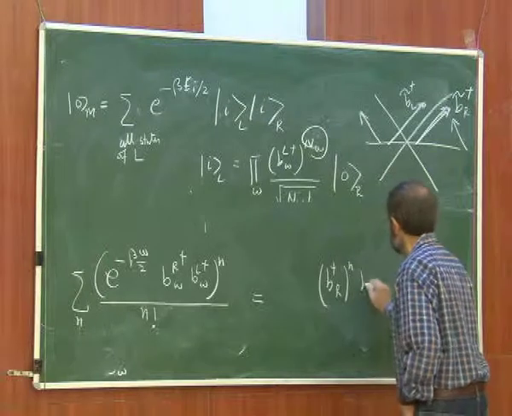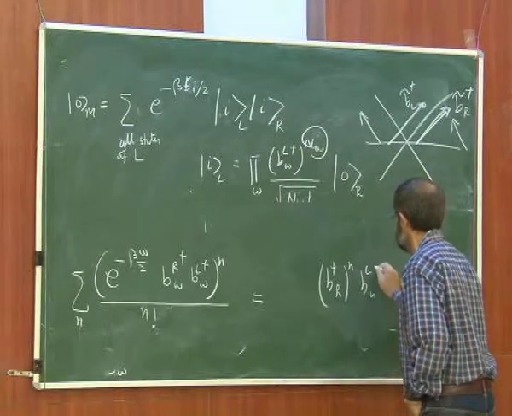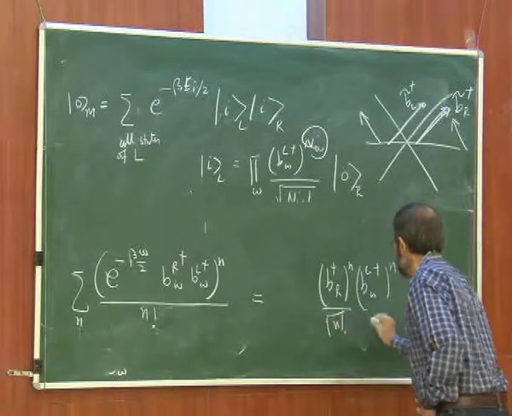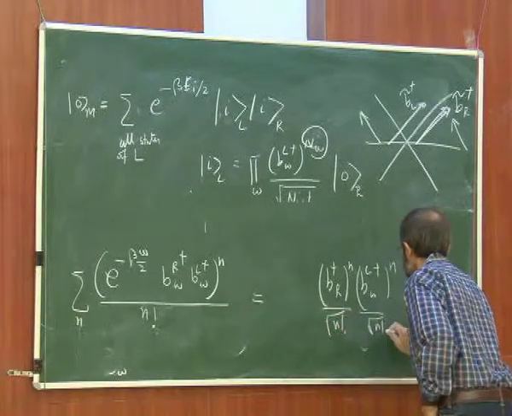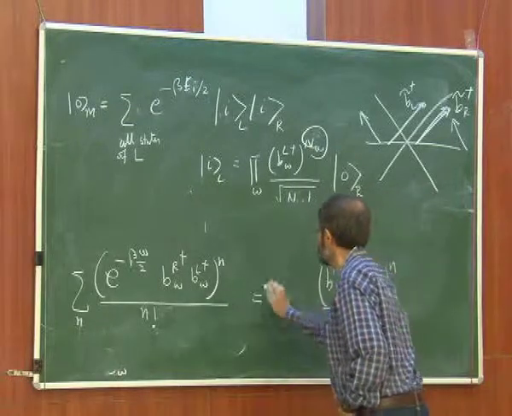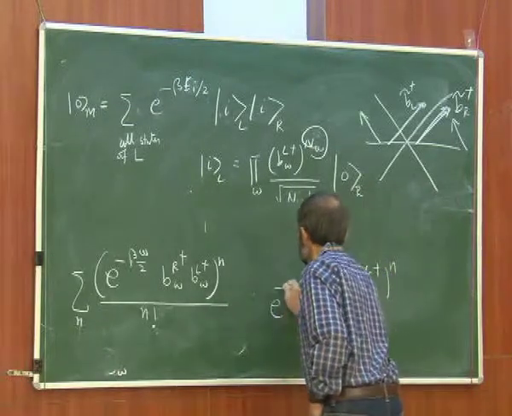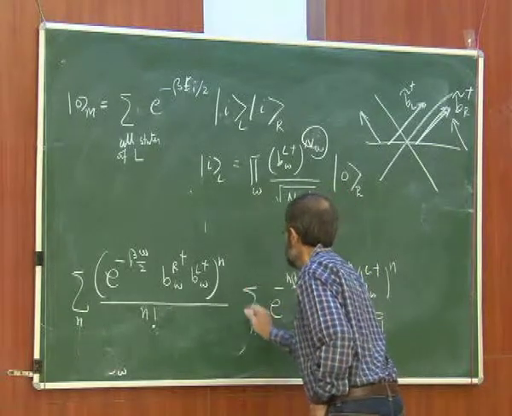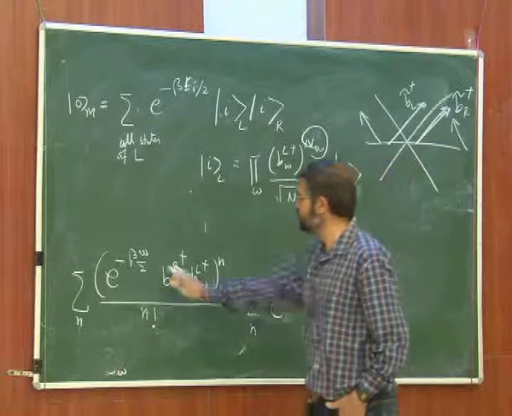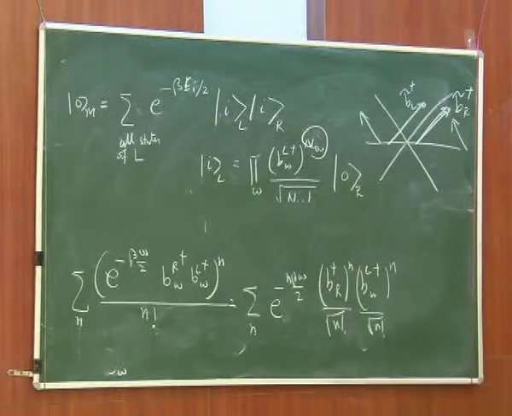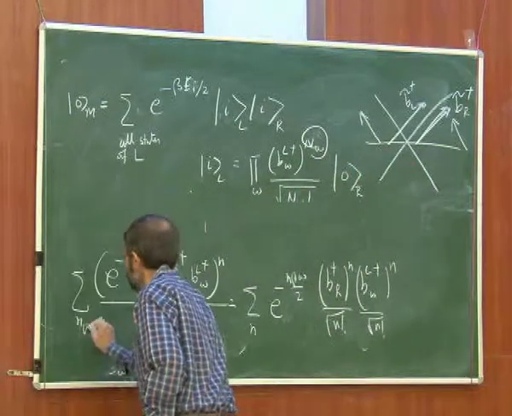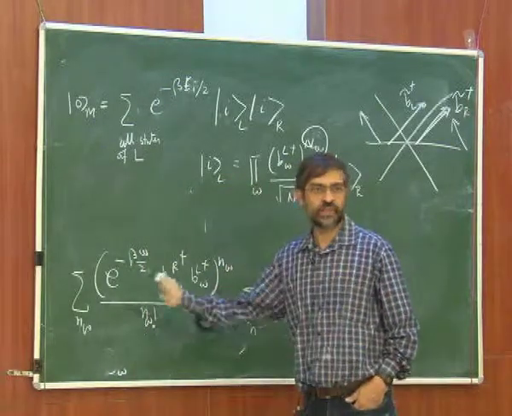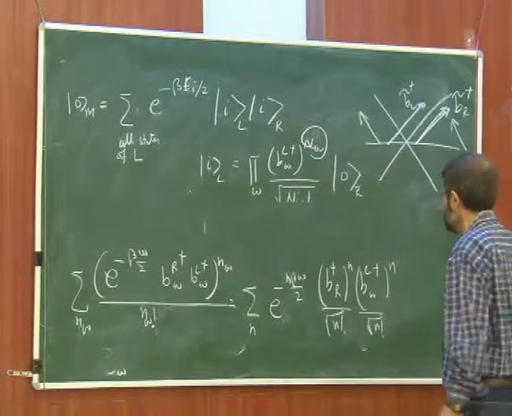So let me write it like this, and e to the power minus sum over n. For any given omega, you can do this. You can use the summation symbol over n omega, just to say that there will be similar things for other modes also.